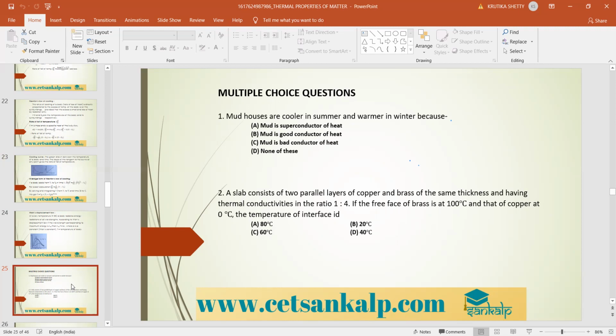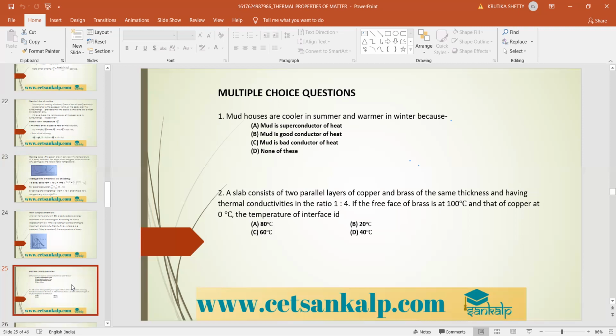Then the next question: a slab consists of two parallel layers of copper and brass of the same thickness and having thermal conductivities in the ratio 1:4. If the free face of brass is at 100 degrees Celsius and that of copper at 0 degrees Celsius, what is the temperature of the interface?